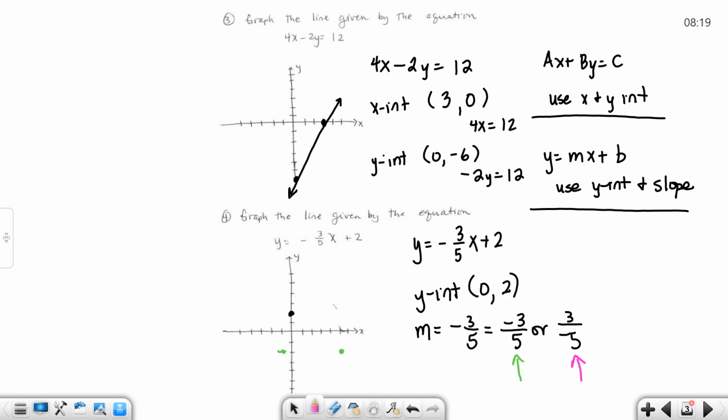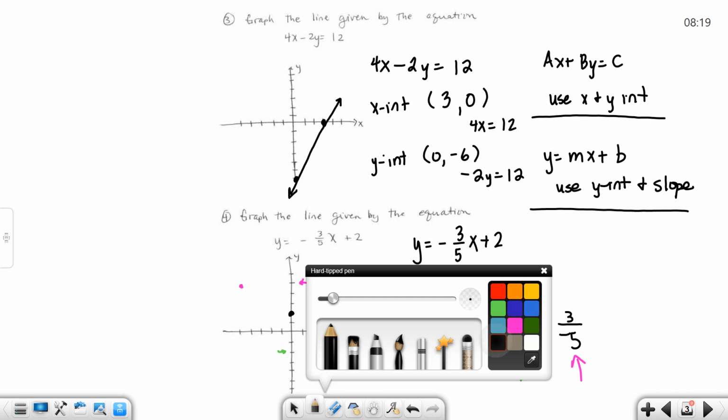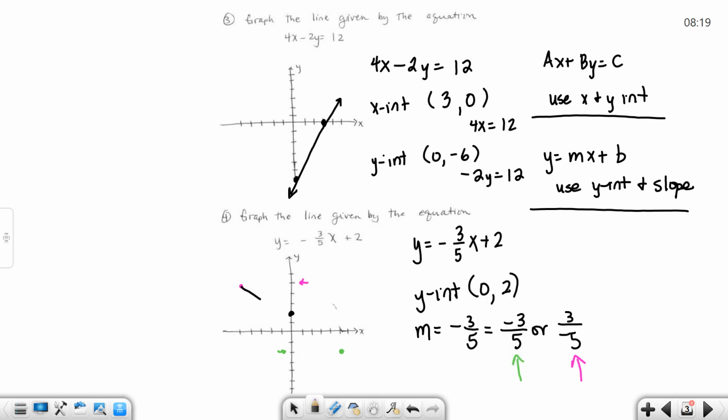If you choose to put the negative in the bottom, then from our starting point, the positive 3 tells us to go up 3, which puts us here. And then the negative 5 tells us to go to the left 5. So we get this point. Either way you do it, you're getting a point on that line. And then we just draw the line that passes through those points.